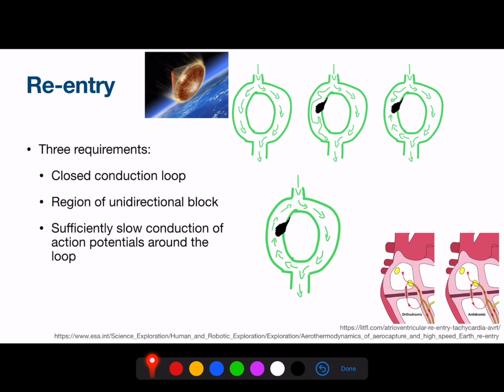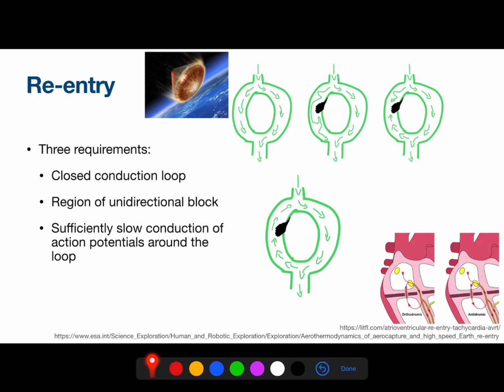For the re-entry to happen, the myocardium needs to be damaged at some point. That means we have an ischemia, so a decreased blood flow to one area, and the cells are dying. On one side, the action potential goes normally, very fast, and on the side of the ischemia, the action potentials go more slowly and still meet at the end and go down.